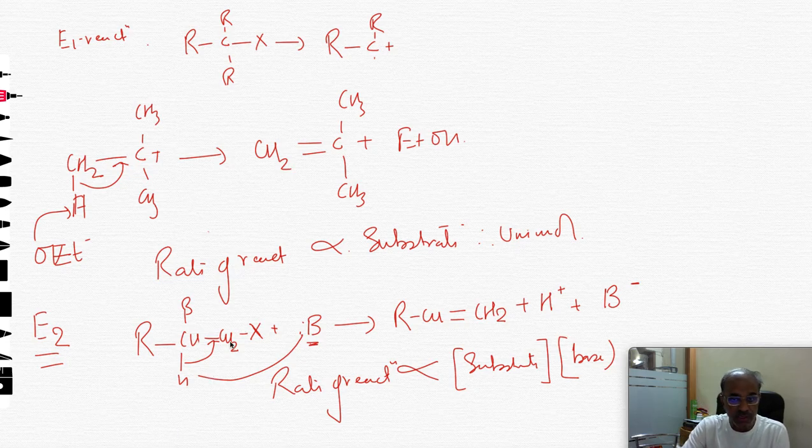So you will require a stronger base. And since it is from the beta hydrogen atom, the leaving group also has to be a good leaving group. So basically you can say it is dependent on both the substrate, that is alkyl halide, and on the base. Fine. So that is known as the E2 reaction.